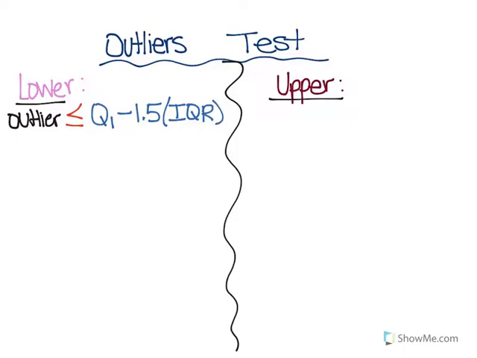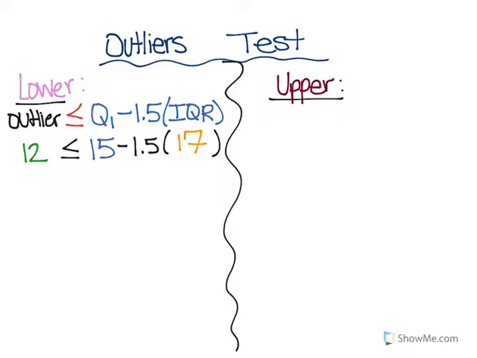So for the lower test, you're going to test the lowest number in your list, which the lowest number in our list of data was 12. So we're wondering, is 12 less than or equal to, quartile 1 is 15 in this scenario, minus 1.5 times our interquartile range we figured out was 17.